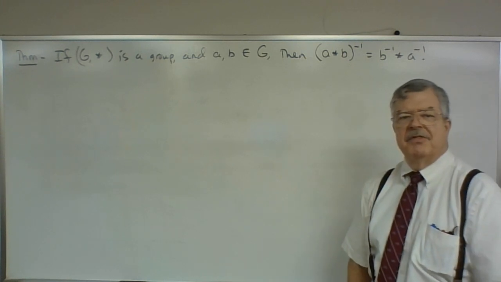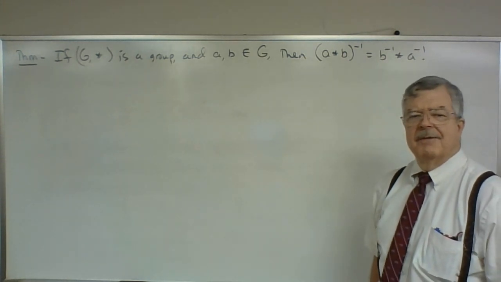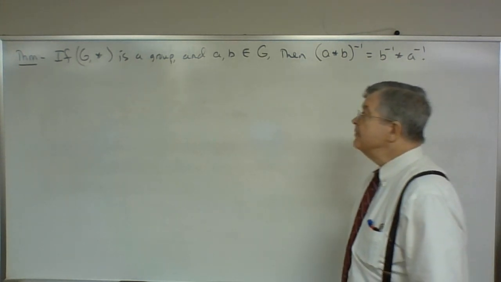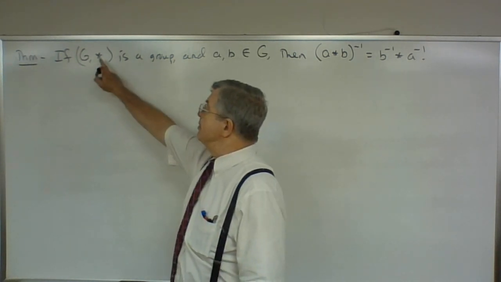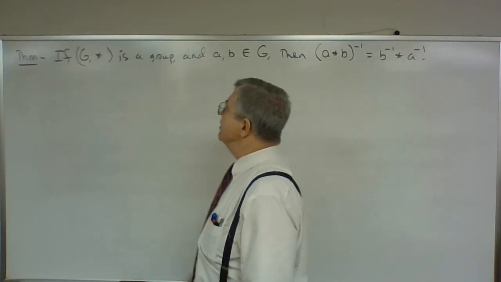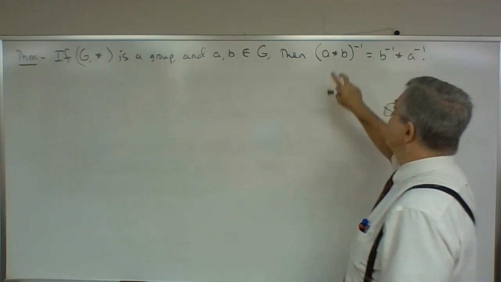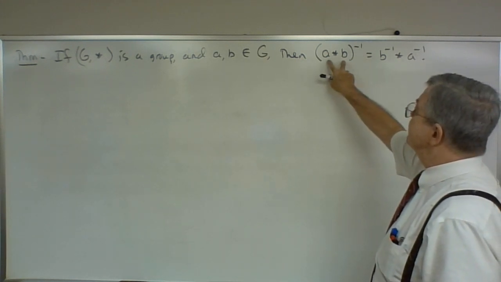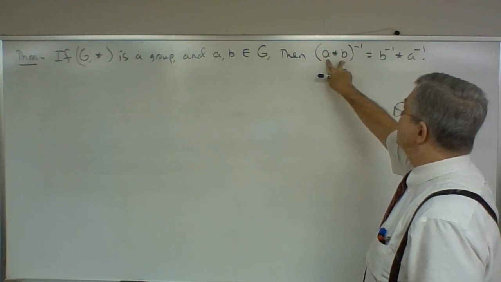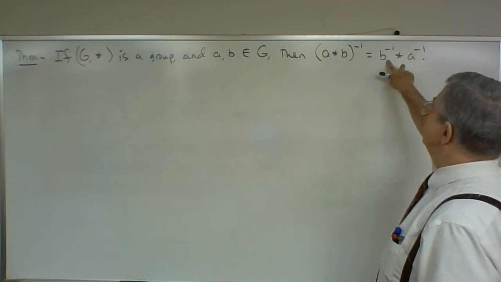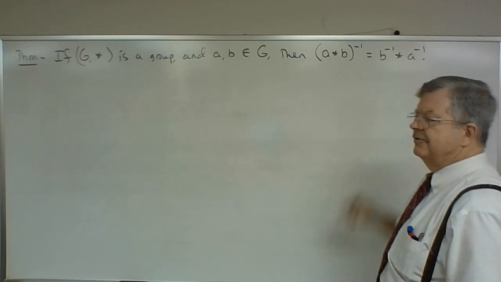Here's another theorem that sort of goes with our previous lecture. If G is a group with binary operator star, and A and B are elements of G, then the inverse of A star B is B inverse star A inverse.